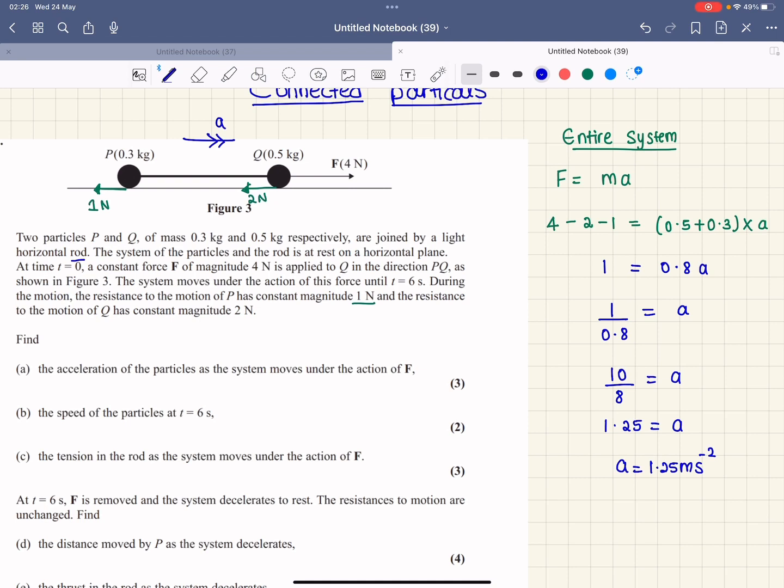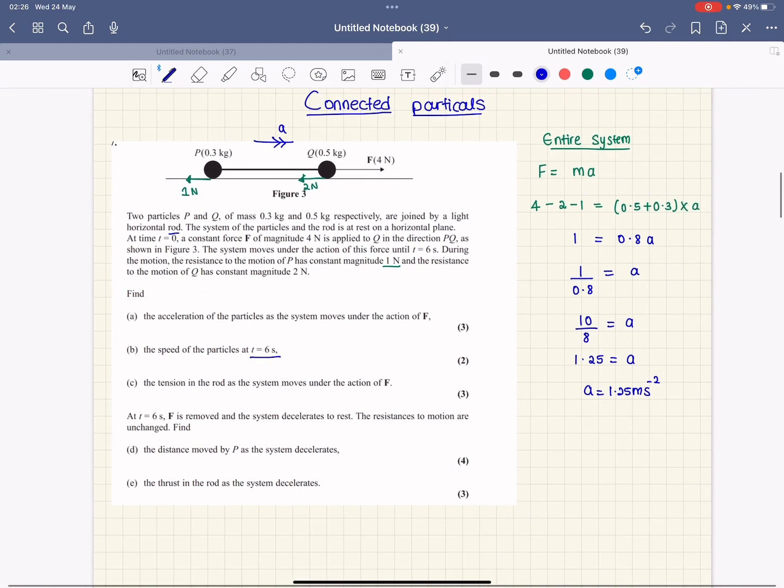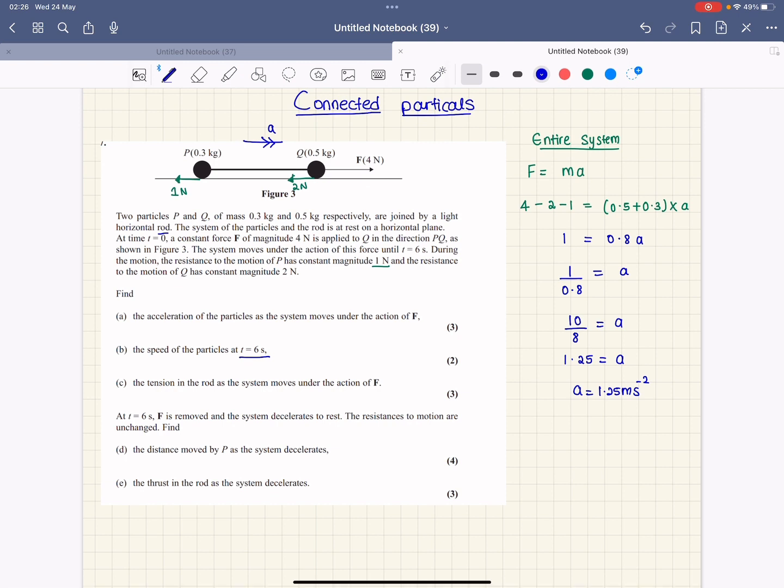The speed of the particle at t equal to 6 seconds is part B. So they're asking about the speed. So I'm thinking about using SUVAT because the acceleration is constant. So if the acceleration is constant and the time is 6 seconds, initially it was at rest. It was given in the question, rest.